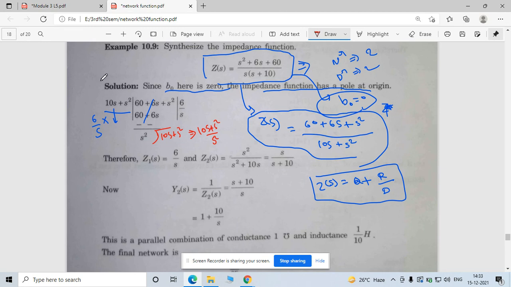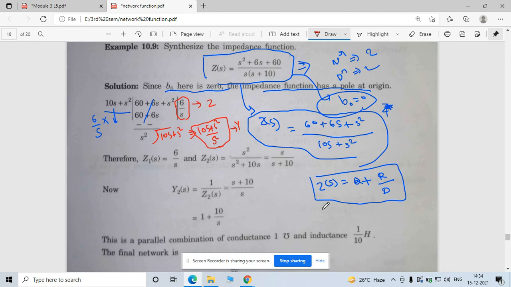When you use this method, if the impedance is given to you, this quotient is nothing but your impedance. The second term you get from this represents your admittance, Y. But you have to write this in impedance format, so we reverse it, that is remainder upon divisor.